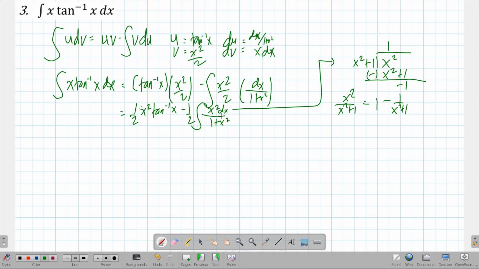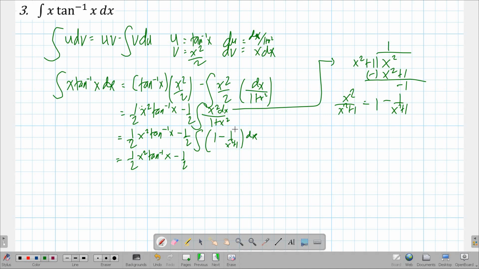So we can now rewrite this as, let's just rewrite the first term, 1 half x squared inverse tangent of x minus 1 half times the integral now of 1 minus 1 over x squared plus 1 dx. So in doing so, we're going to have now 1 half, let's just rewrite again this part, minus 1 half.